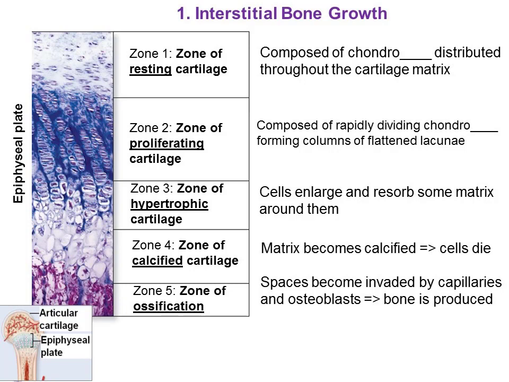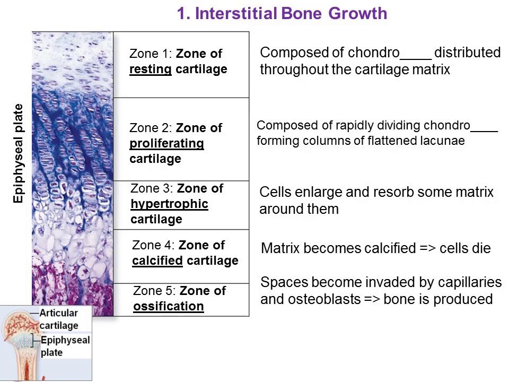So cartilage lengthens the bone matrix, locks it permanently in place. So our cartilage begins to divide like crazy in this zone 2. You see how blue that is? That blue is going to be the cartilaginous matrix. These chondrocytes are going crazy.